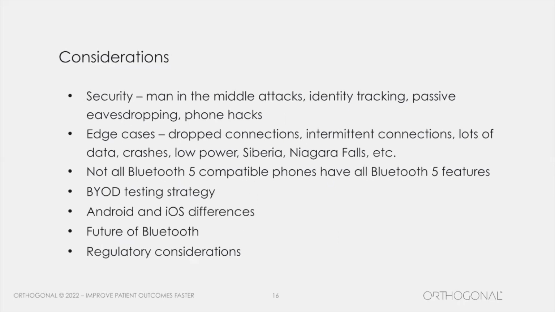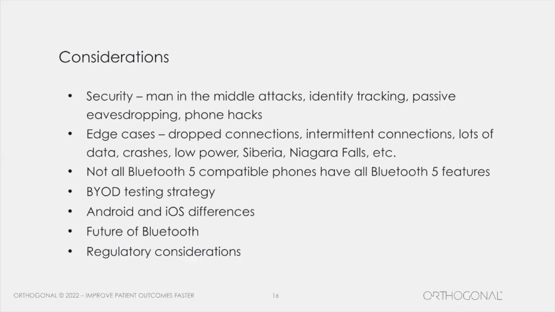As I say, we're going to be dealing with a lot of these things in future webinars, but really there's a number of key considerations for when you're doing BLE in general, but also in particular connecting to a smartphone that you have to think about. So security, there's a bunch of different types of attacks and different ways that you can go about mitigating the attack vectors and surfaces.